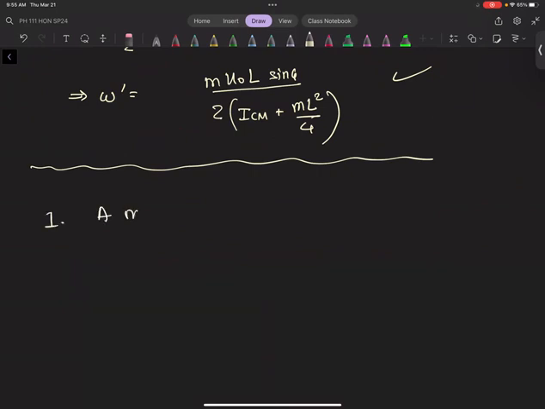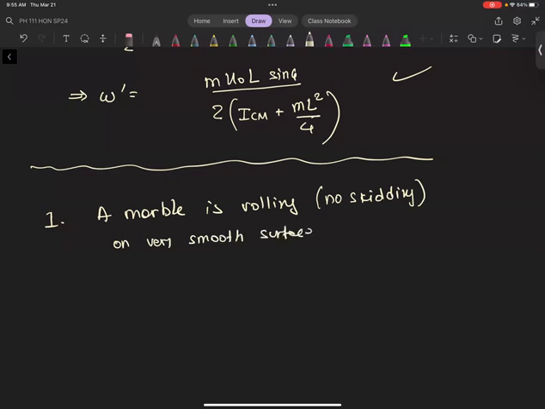A marble is rolling, no skidding. I will explain what this is right now. On a very smooth surface with friction.